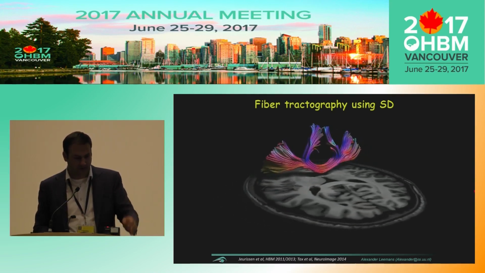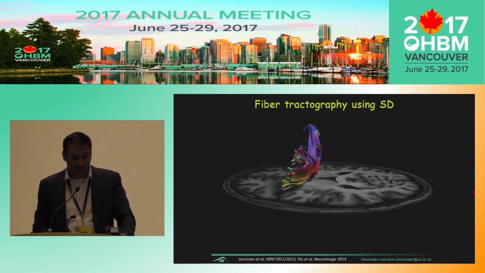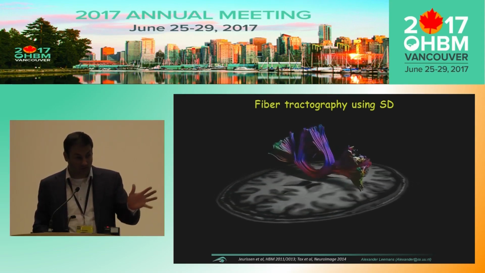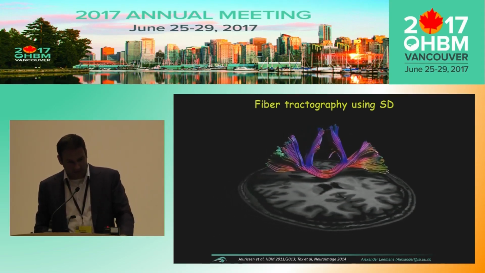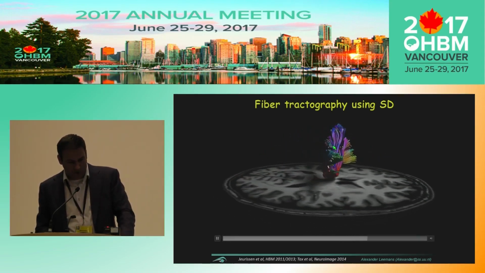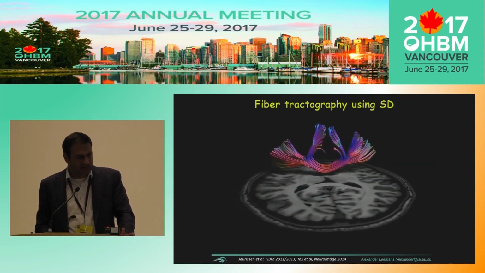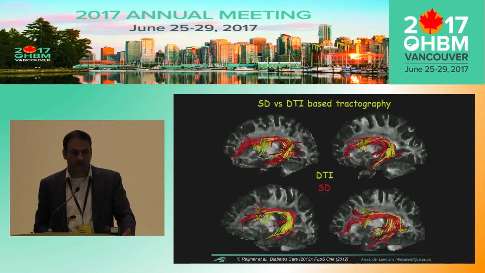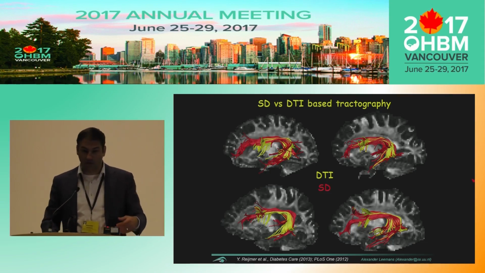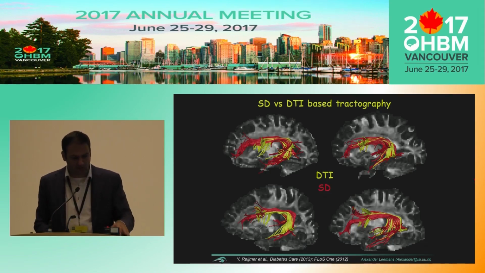So this is a spherical deconvolution approach, for instance, where you can clearly see these lateral projections also going over here and over here. You can even see the omega shape over here as well. So at least I can say it's different. And the nice thing about these spherical deconvolution approaches is that you can actually use them with clinical data as well, so you don't need to really push the limits of your scanner there, but you can clearly see the differences for the two different techniques over here as well.